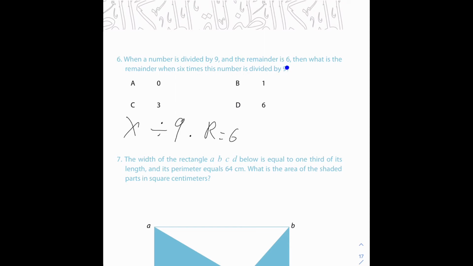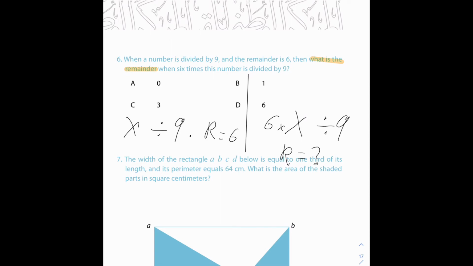When something is something, write this down first. So let's make a division here so that we don't get sidetracked. When 6 times this number is being divided by 9, what is the remainder then? That's the question. So what is r?